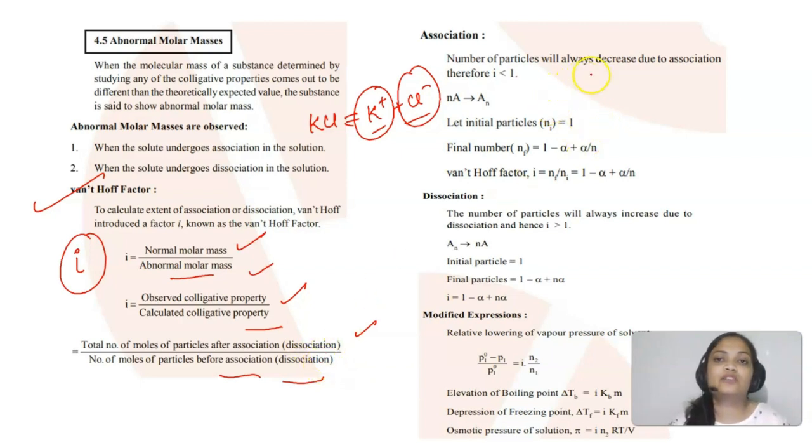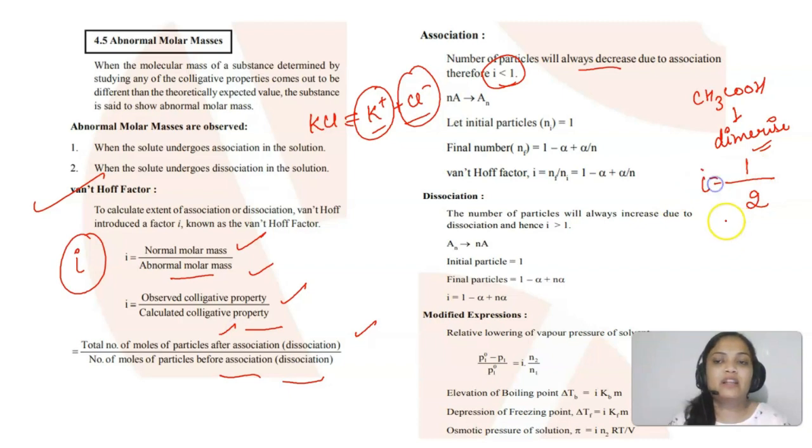Okay, like association: whenever there is association, like if I am talking about acetic acid, it dimerizes in water. So dimerize means the total particles after association will be 1 and before association were 2.